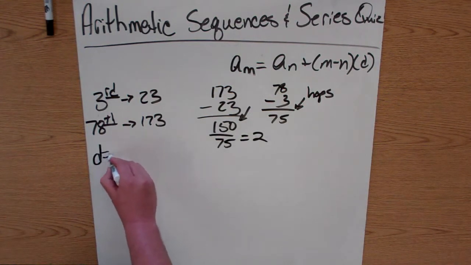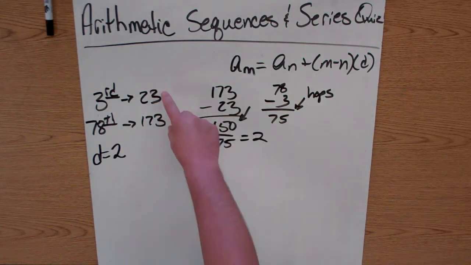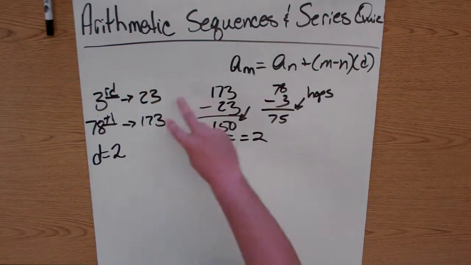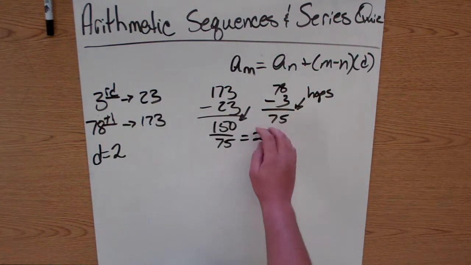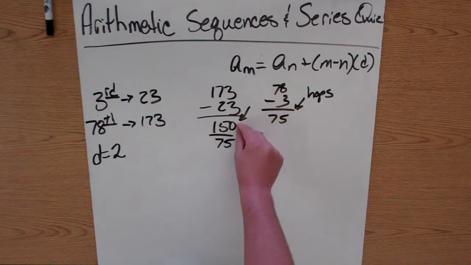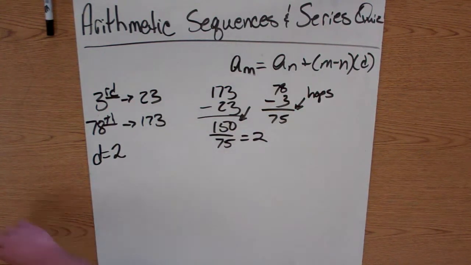So in this case, our difference equals 2. You subtract the term values, subtract the term numbers, and then divide the overall difference by the number of hops to get your actual difference.